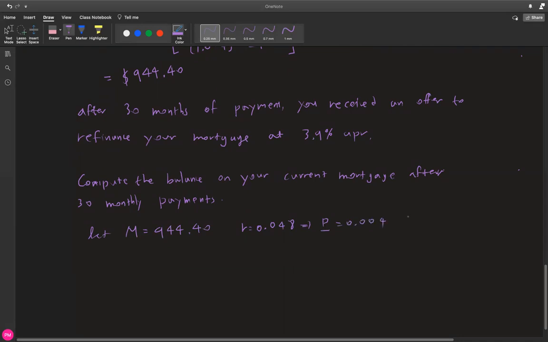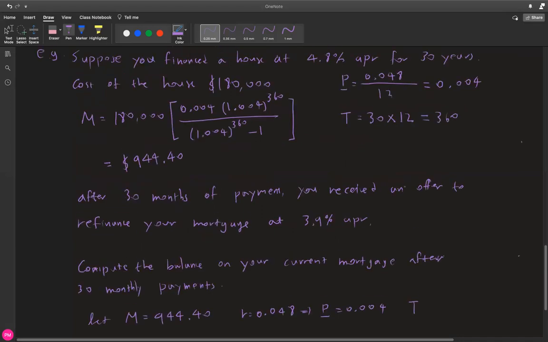And lastly, since out of the 360 months we paid off 30 months of it, we still have to pay 330 months. Let me actually rewrite that. So we get 360 minus 30 because we paid off 30 already.